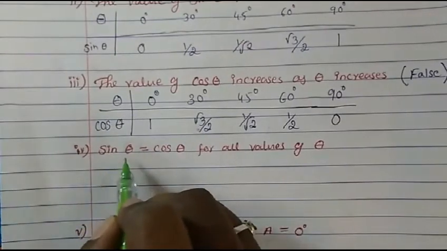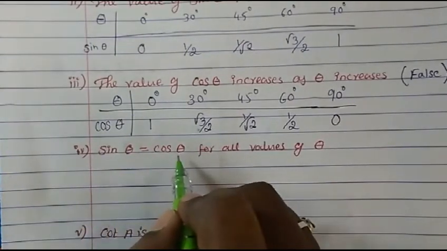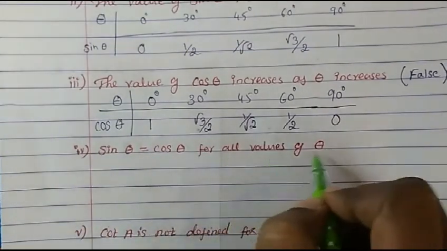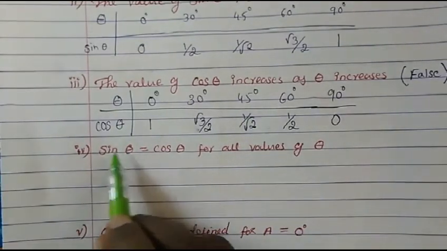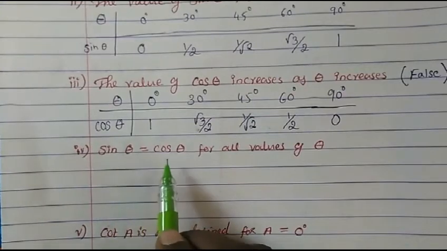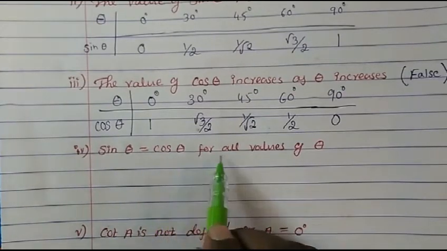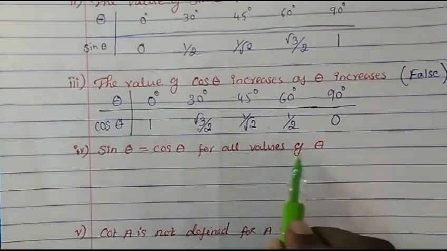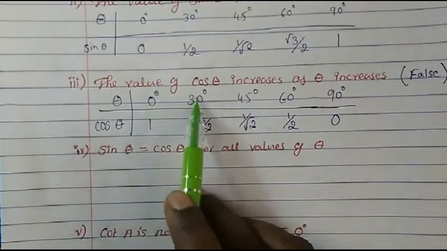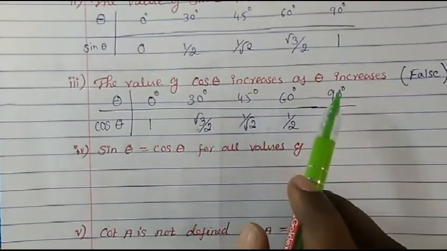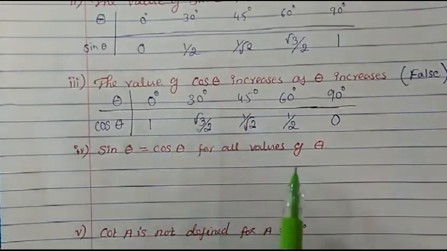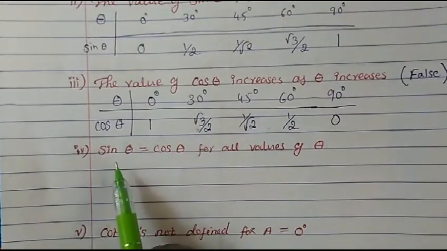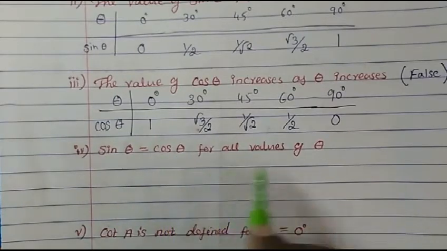Fourth part is sine theta is equal to cos theta for all values of theta. So let's check from the trigonometric table whether the sine theta value is equal to the cos theta value for all the values of theta. All the values of theta are 0 degree, 30 degree, 45 degree, 60 degree, 90 degree. So we have to see whether sine theta is equal to cos theta for all the values.